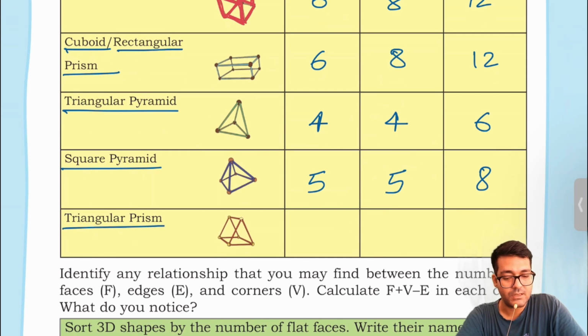Similarly, in a triangular prism, you will note that it has 2 triangular faces and 3 rectangular faces. That means 2 plus 3, 5 faces. Number of corners 1, 2, 3, 4, 5, 6. 6 corners. And number of edges, let's count: 1, 2, 3, 4, 5, 6, 7, 8 and 9. 9 edges.